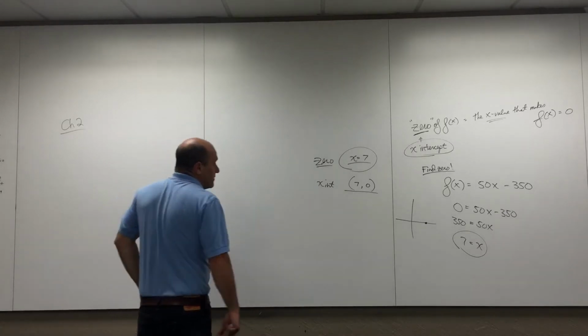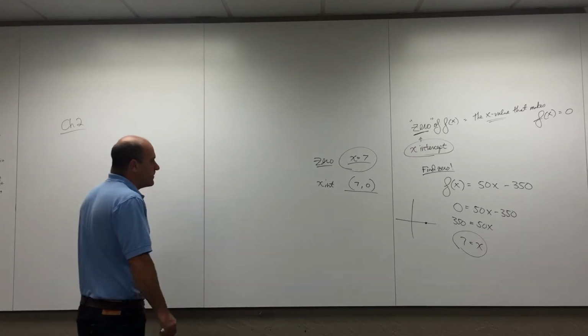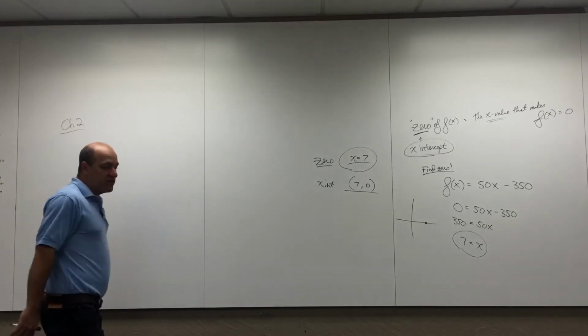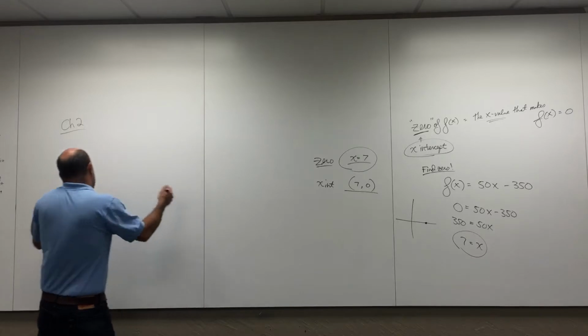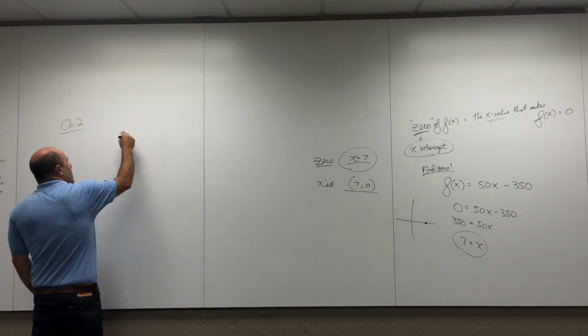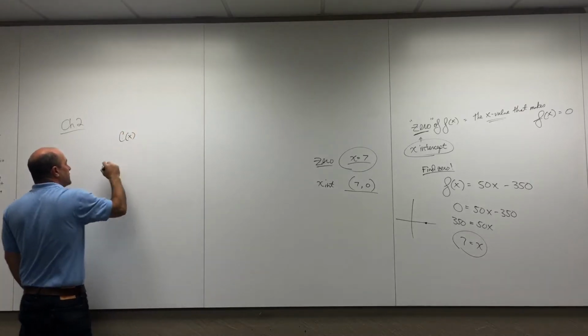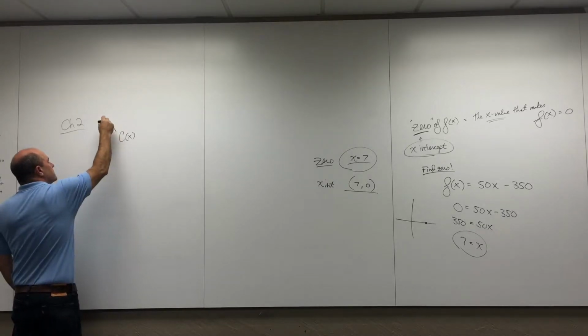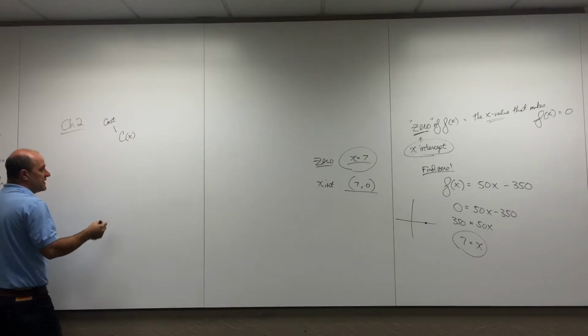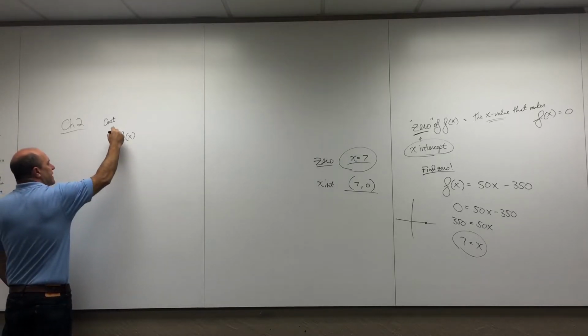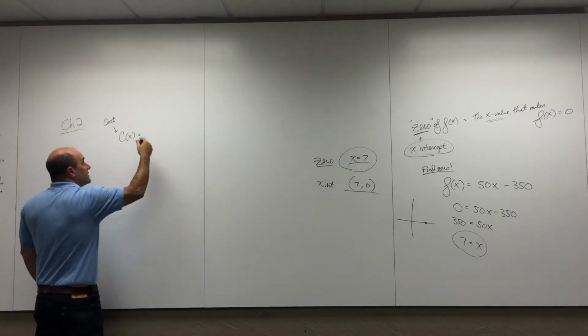I like the word problems, of course, and the word problems can come in different types. They could say, here's a cost function. This is cost, and x is the number of units that you're building, of course, and they could give me a cost function here.